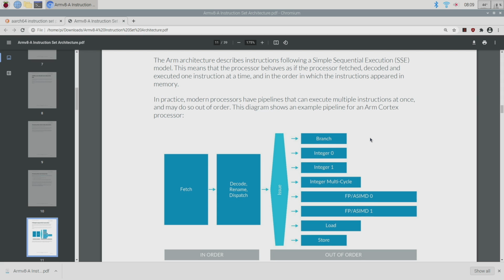in modern architectures, there are several layers of parallelism inherent in the architecture. One of them is the fact that processors nowadays have multiple cores in them.